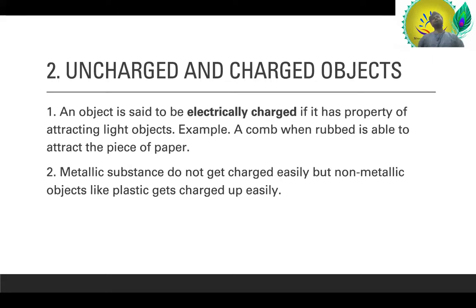This is the first topic of your chapter: uncharged and charged bodies or objects. Let us read it out. An object is said to be electrically charged if it has the property of attracting light objects. Example: a comb when rubbed is able to attract pieces of paper.